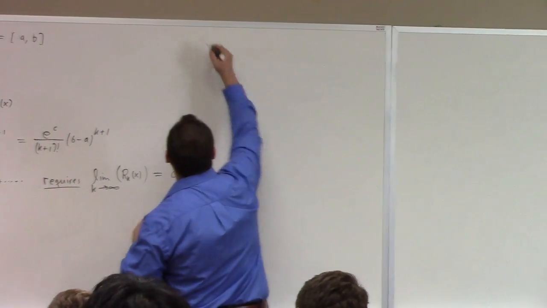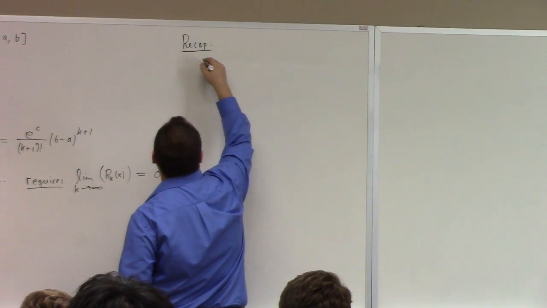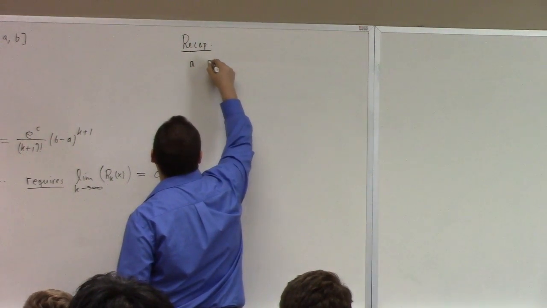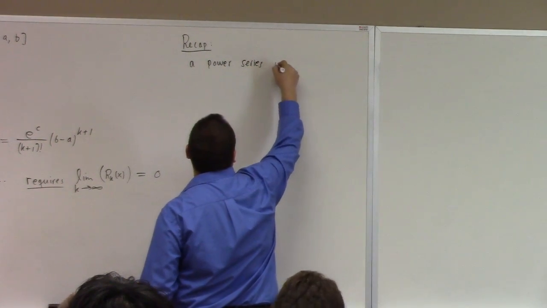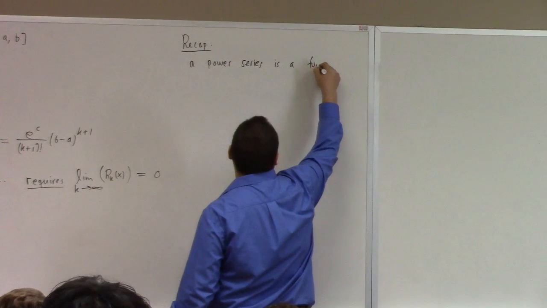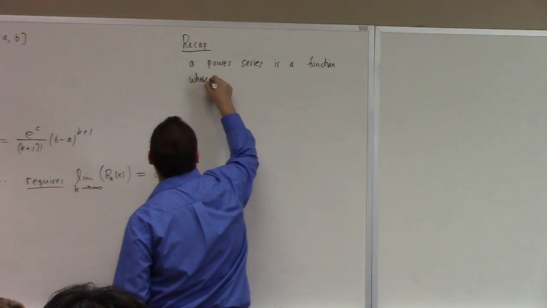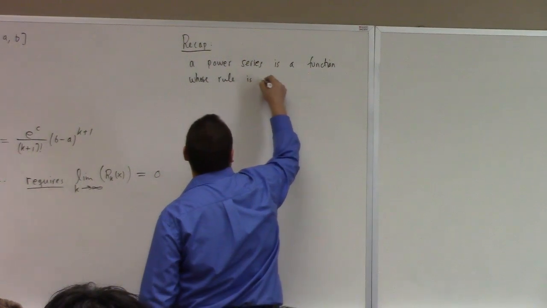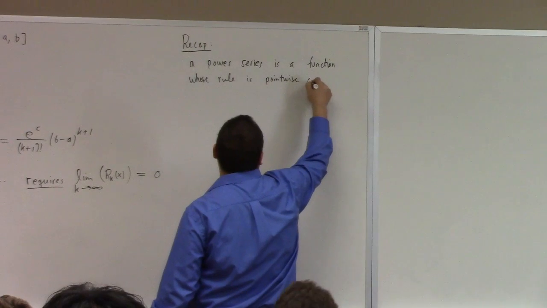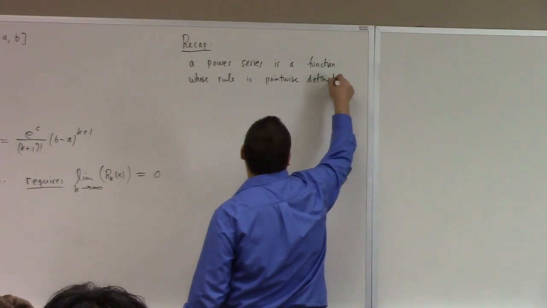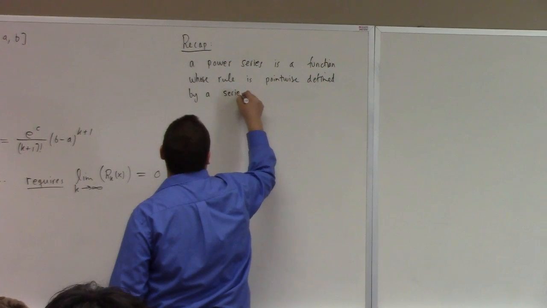So just to recap, a power series is a function whose rule is pointwise defined by a series of power functions.